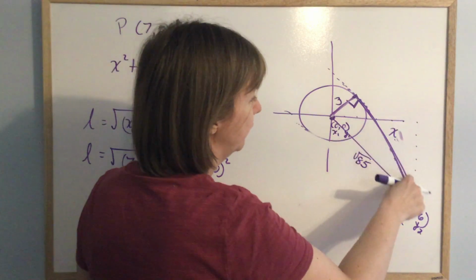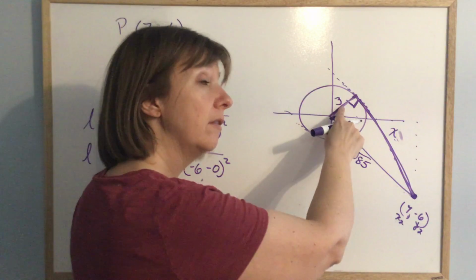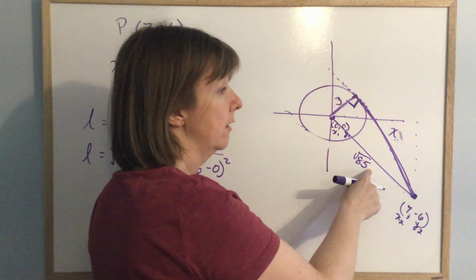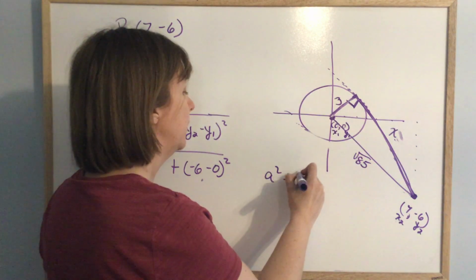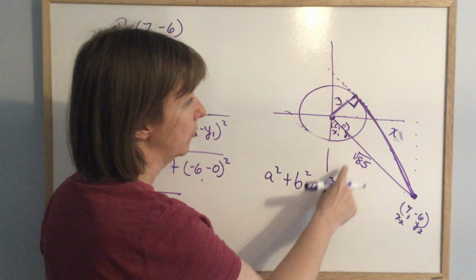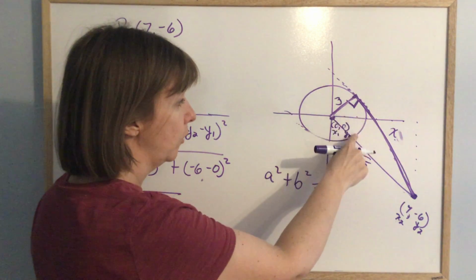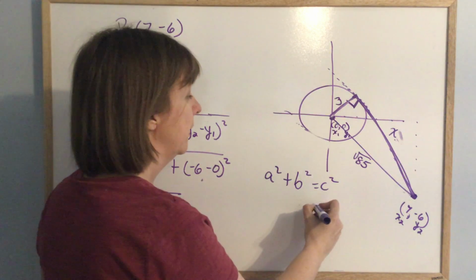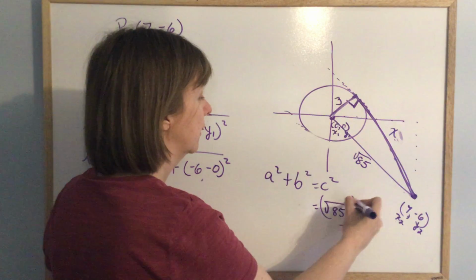I'm actually looking for the length of this line. But if this is a right angle triangle, and I know this side and this side, I can figure out the third side because a squared plus b squared equals c squared, and c is the hypotenuse. Root 85 is the hypotenuse because it's the one across from my right angle. So this is root 85 squared.